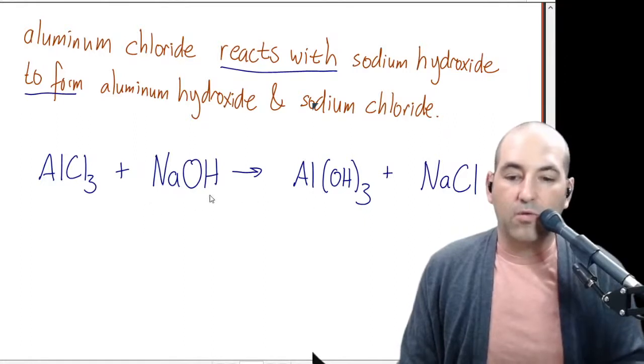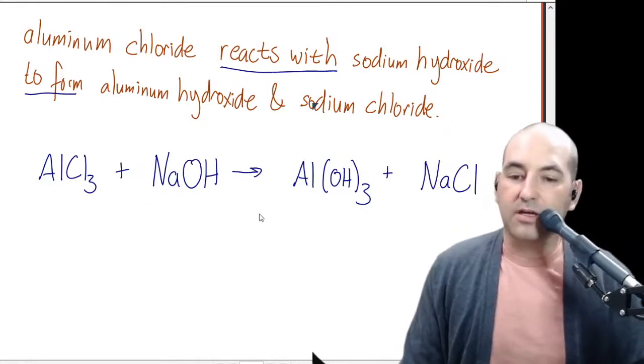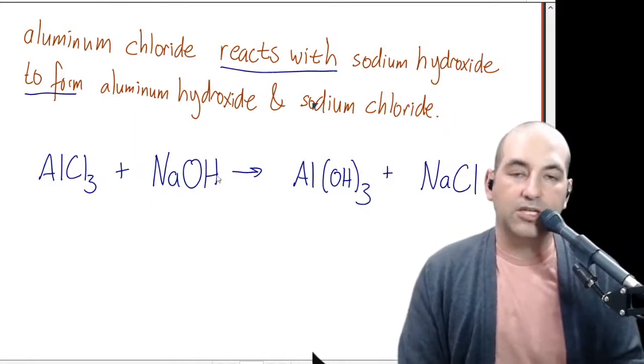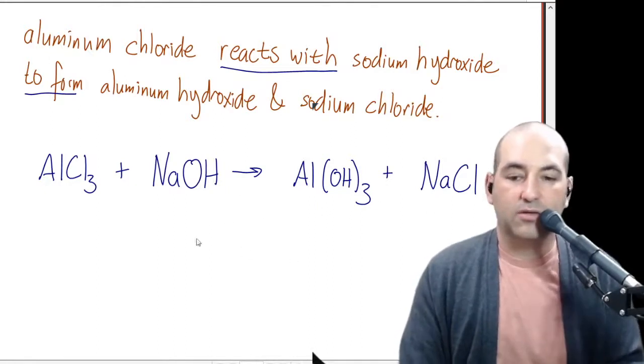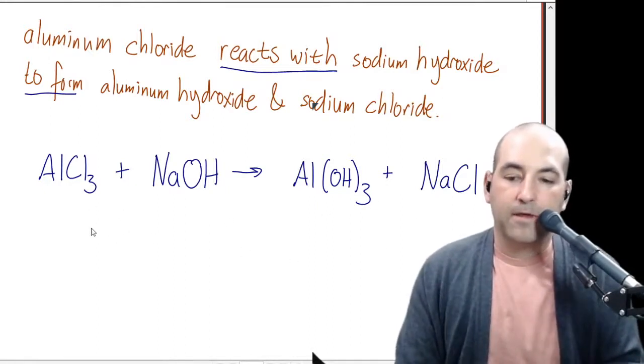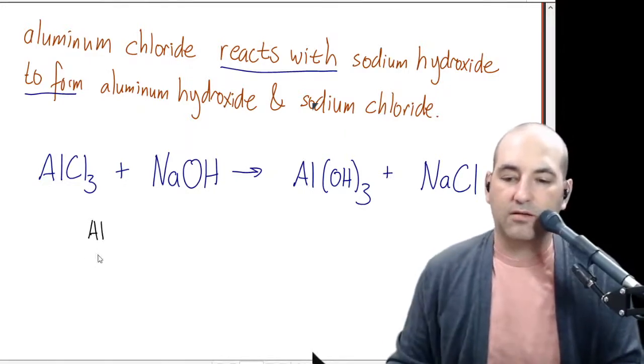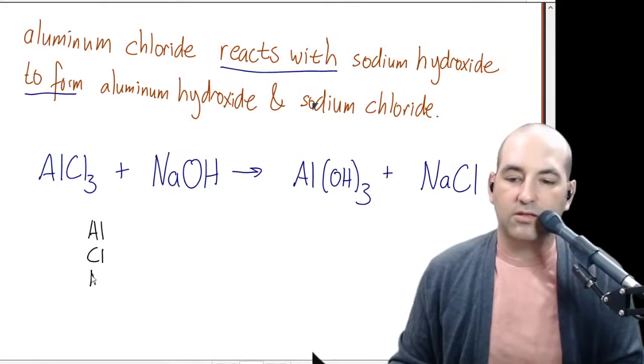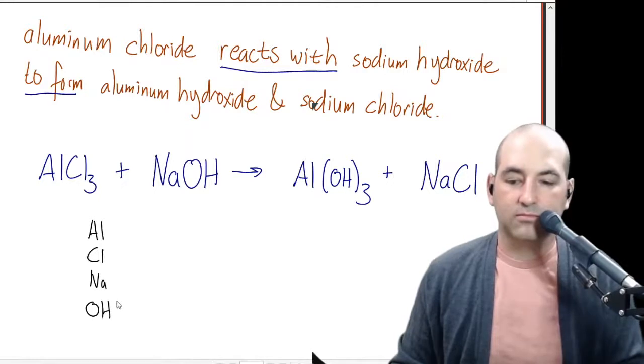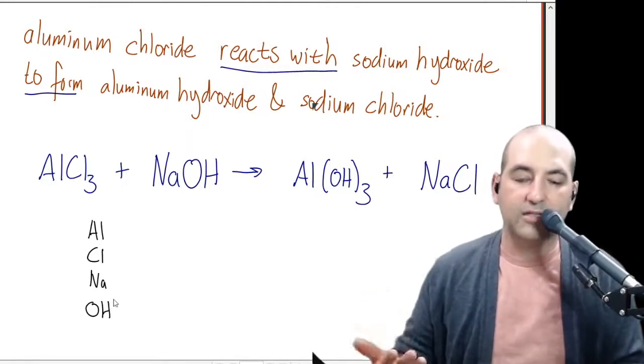So one way that we can use that to help us is by recognizing that OH here is an ion, it's hydroxide. So when we do our atom inventory, it might make things a little bit easier to say, okay, we've got aluminum ions, we've got chlorine, we've got sodium, and then we've got hydroxide ions, rather than oxygen and hydrogen.